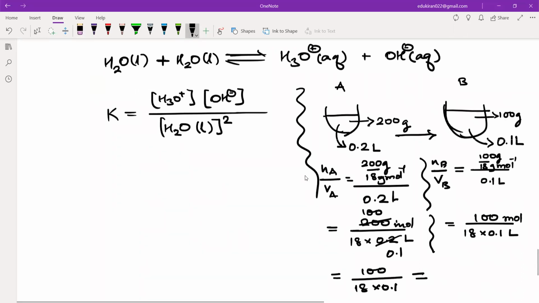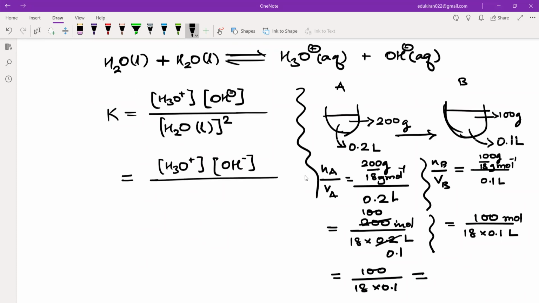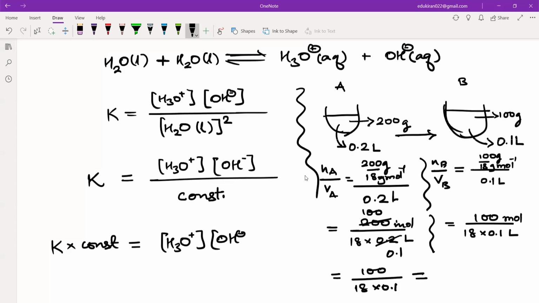So we can write this as H3O positive into OH negative divided by a constant, because the square of a constant will again be a constant, and this is K. Now I will multiply this constant to this constant, and write K into constant. It is equal to the concentration of H3O positive multiplied by the concentration of OH negative.